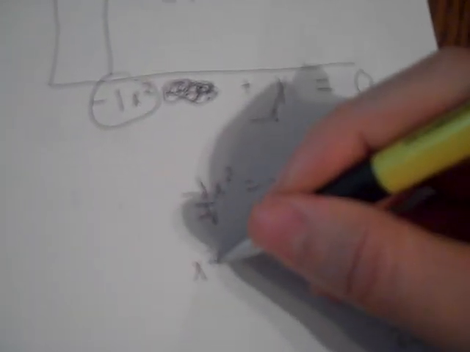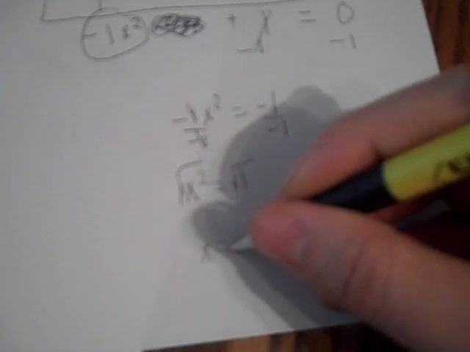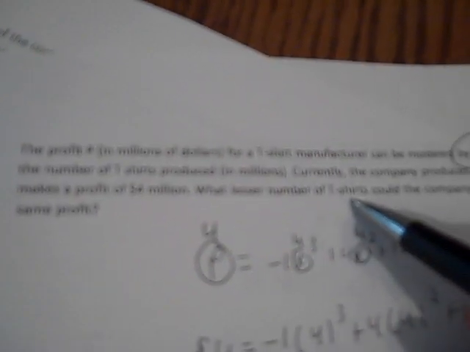And x to the second equals 1. And then I find the square root of 1. And 1's a perfect square. That's 1. But it could be positive or negative. So 1 and negative 1. Cross out the negative, and the X is what we're selling. So we're selling t-shirts, and they're in millions, so 4 million T and 1 million T.